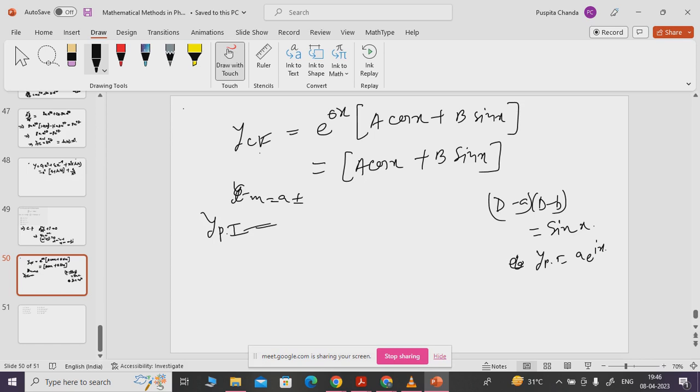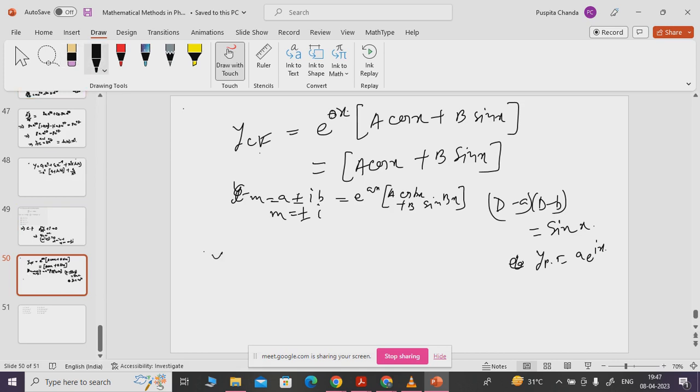We know when m = a ± ib, we write e^(ax)(a cos bx + b sin bx). Here we obtained m = ±i, so a is 0. That's why I wrote e^(0x), to make you understand. You don't need to write it.